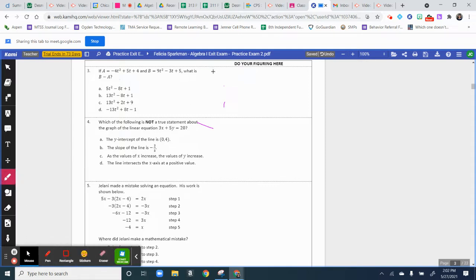Okay. All right. So 9t squared minus 3t plus 5, and then we're going to subtract negative 4t squared plus 5t plus 4. So because it's subtraction, you're subtracting each of these. So you're doing 9t squared minus negative 4. So that's like adding.